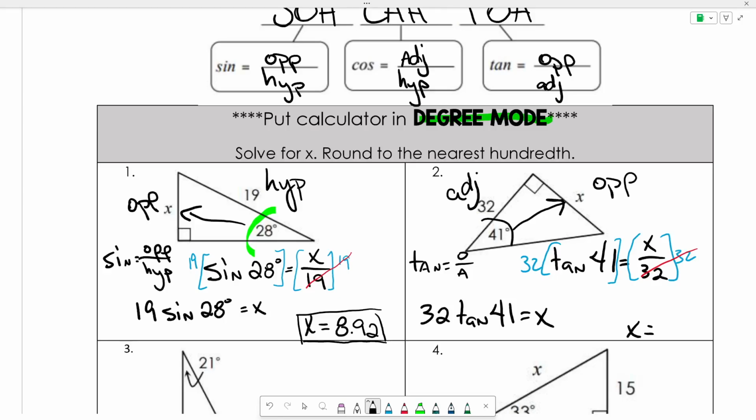So x is equal to, well, go grab my calculator again.